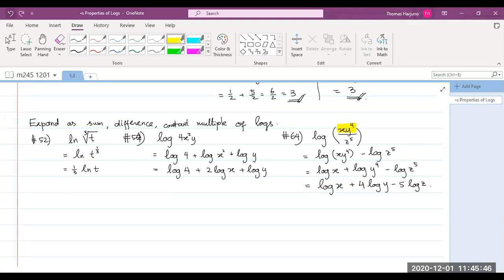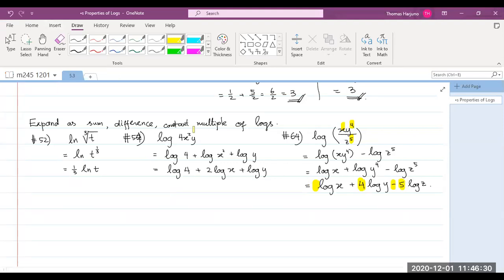In fact, the exponent that you see at the top, the invisible 1 here and the 4 will be coefficient 1 for log x and coefficient positive 4 for log y. Now, the one on the denominator will have negative coefficient, this 5 here from the exponent of that z to the fifth at the bottom. In short, the coefficient of that log will be positive if it is on the top. It will be negative if it is on the denominator.